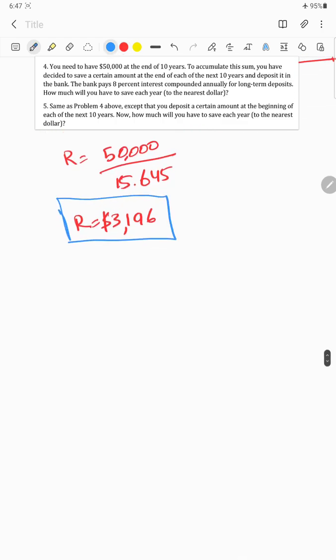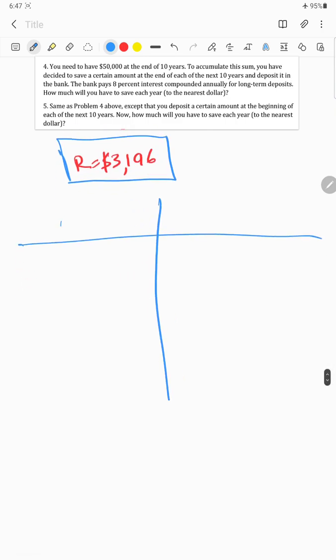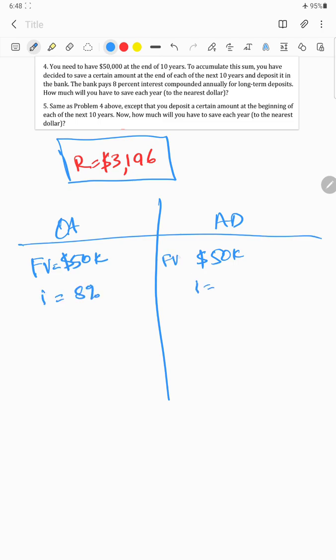So let's just quickly do a comparison of ordinary annuity and annuity due. My future value is the same, 50k. Here it is also 50k dollars. My I is 8%. Here it is also 8%. My N is 10 years.